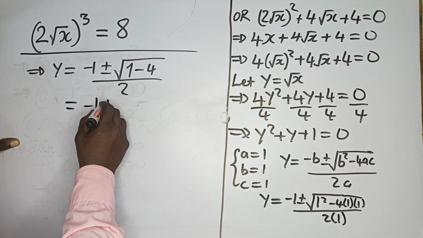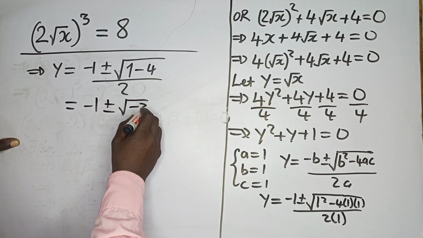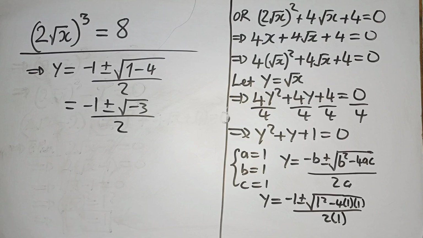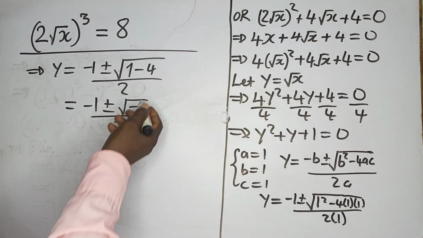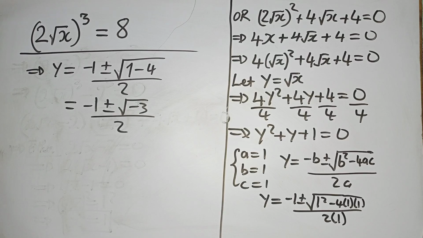This gives us negative 1 plus or minus the root of negative 3, all over 2. So we see clearly that we are going to obtain complex roots, because for the root of negative numbers we don't have the answer in the real number field. So this cannot give us a real number.